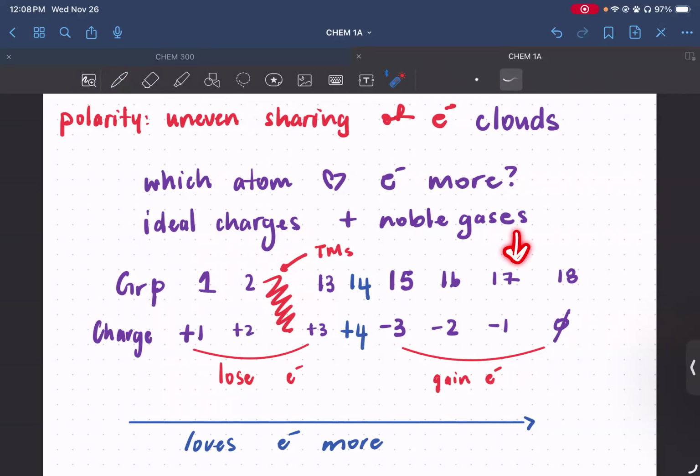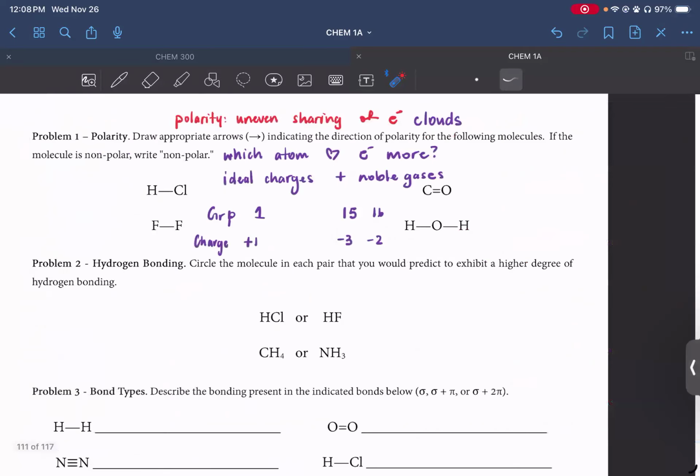It only needs the one. Group 1, comparatively, you can say it hates electrons. In fact, it only needs to lose the one electron to look like a noble gas. So reminding ourselves of these ideal charges and the relationship to noble gases helps us understand which atom loves electrons more.